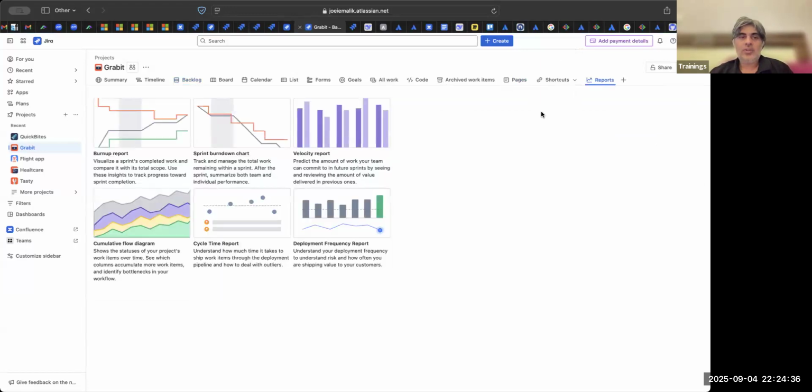You click on that and you will see burn up, burn down, velocity, CFD, cycle time, deployment frequency. This we have covered, this we have covered, this we have covered. These two I will cover. Epic burn down is not shown because it might not be configured, so you can add it. Based on the Jira configuration, you can add a few more charts to this.